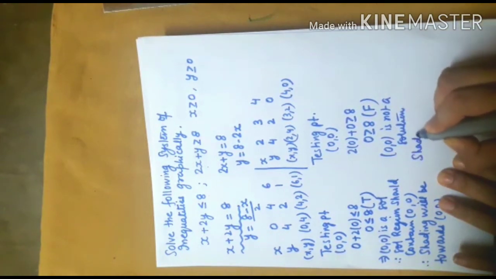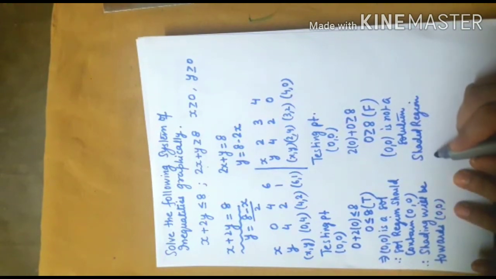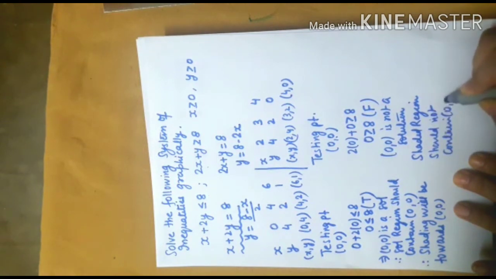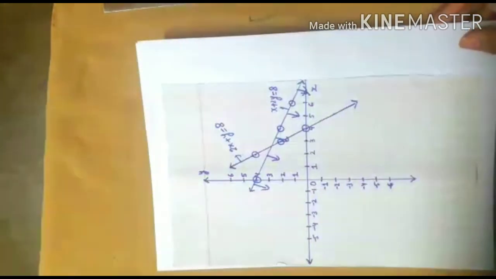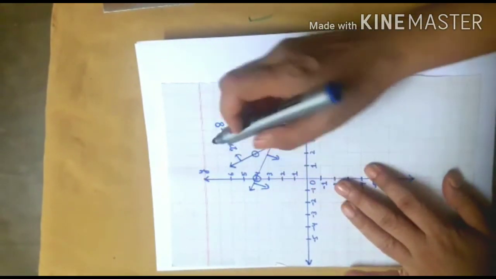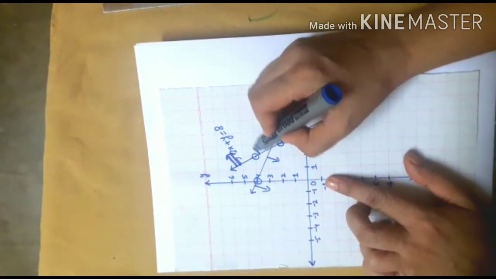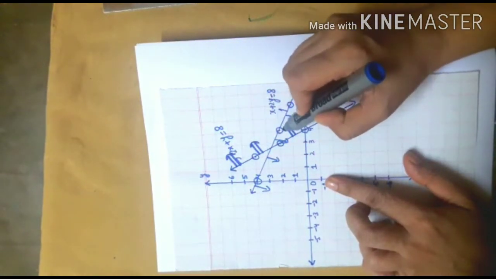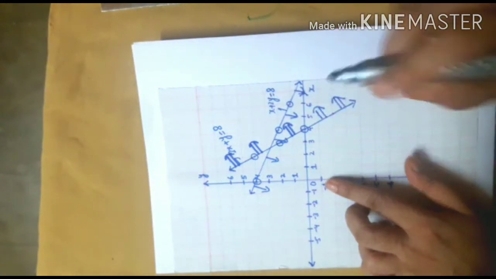So the shaded region should not contain 0 comma 0. The solution region should not contain 0 comma 0. Yes, this is the line and 0 comma 0 is not the solution. So shading should be away from this. So this is the shading. Right?